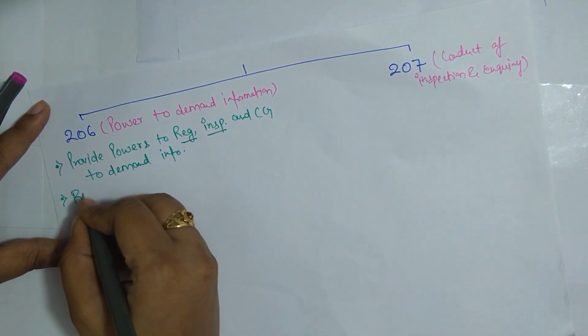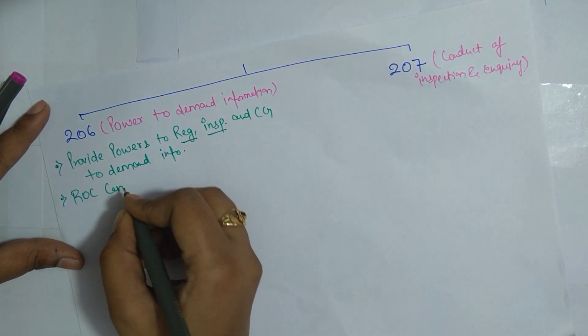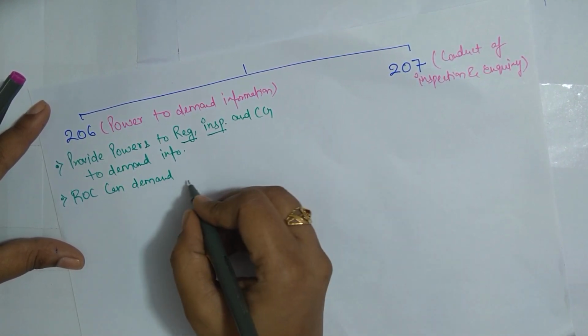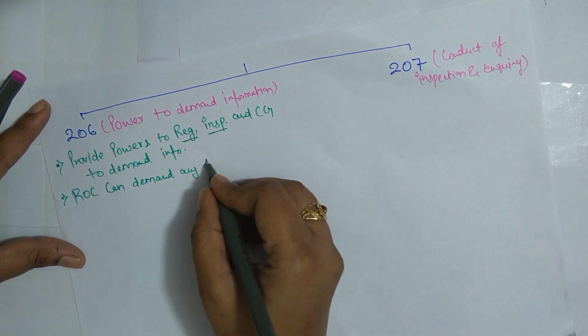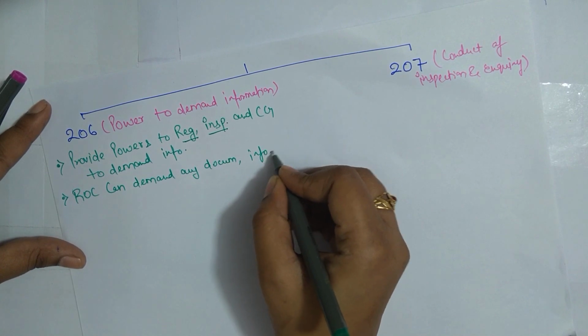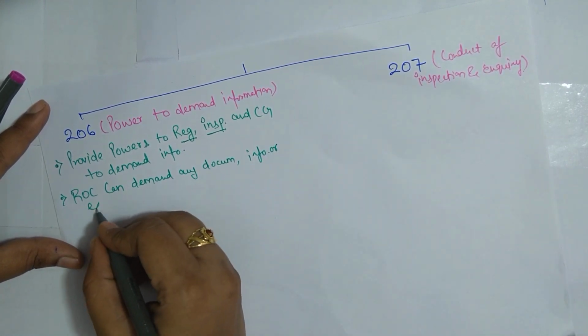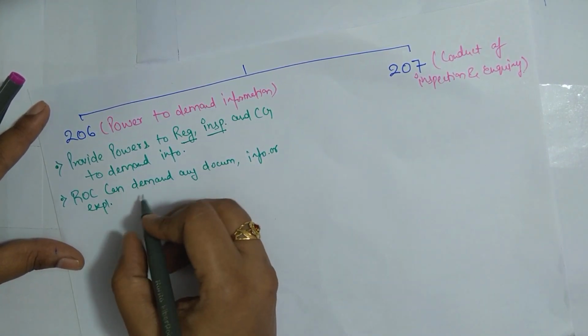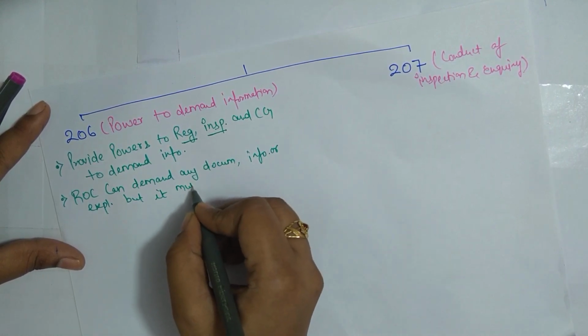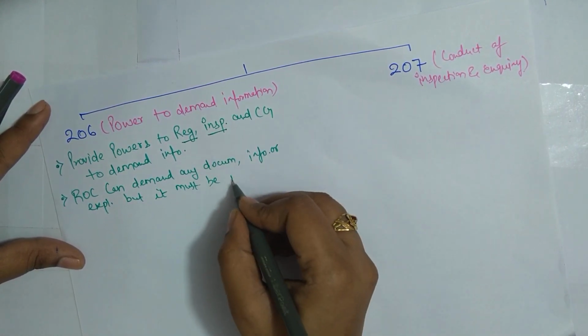Second, ROC can demand any document, information or explanation, but it must be demanded in writing.